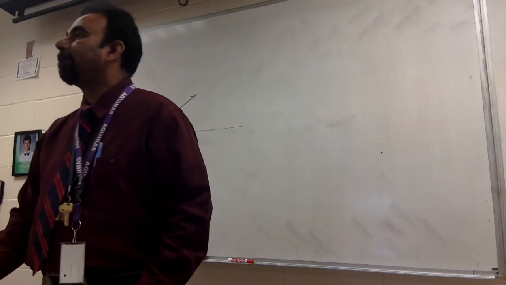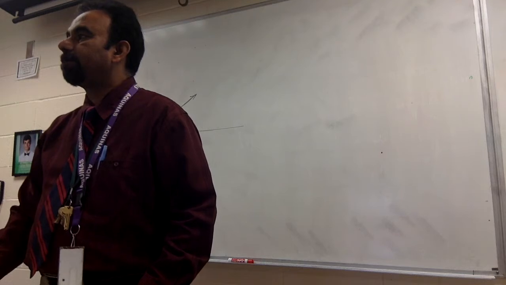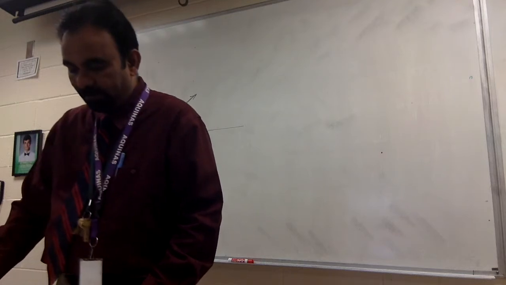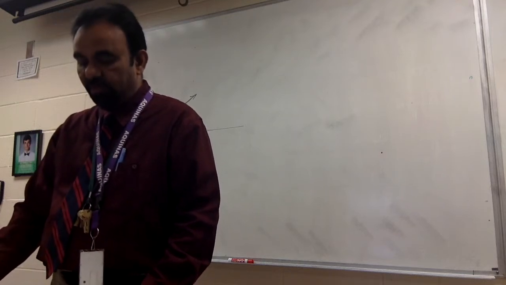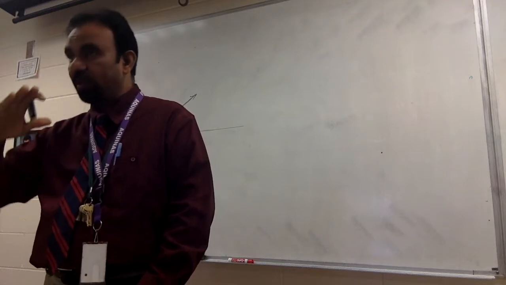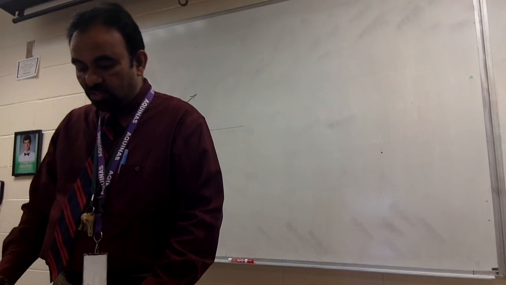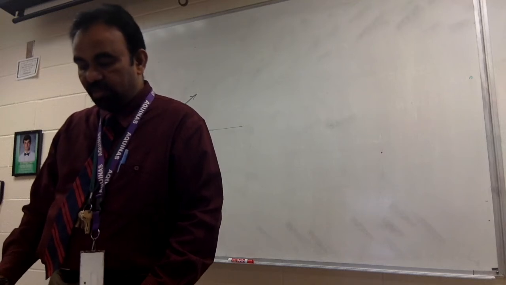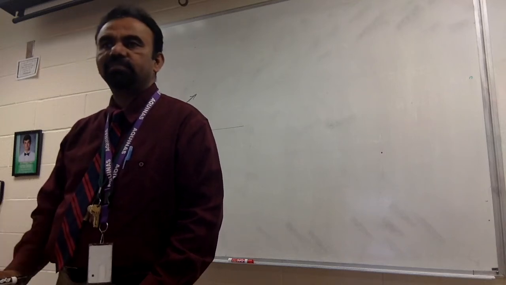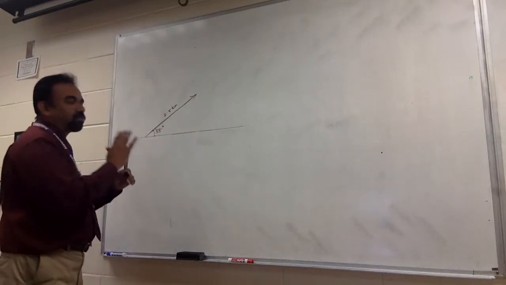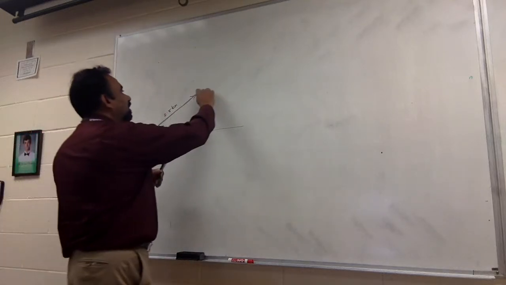Wouldn't the 2.5 be like the distance from the ground? Travels 2.5 kilometers at that angle. So it is moving that much. And then changes direction and travels 5.2 kilometers at an angle of 22 degrees. Okay? So it changes to 22 degrees. That means it's not going to be going exactly like that.